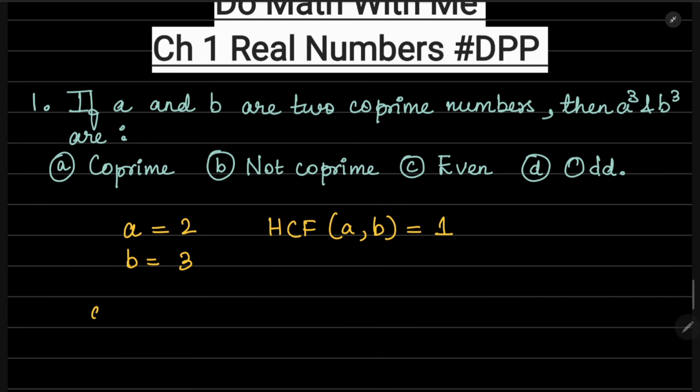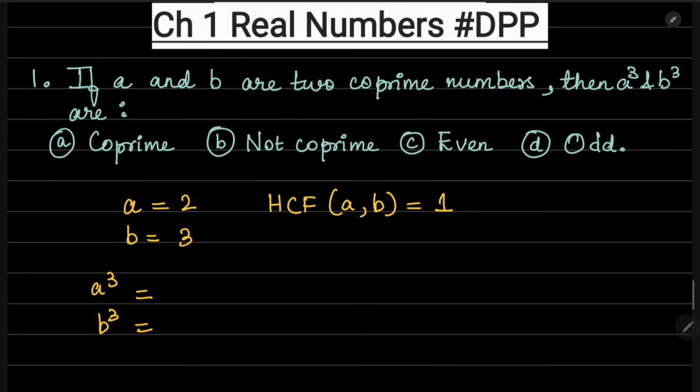Now if you take the cube, A cube and B cube, cube of the given numbers. So what is 2 cube? It is 8. 3 cube is 27. Again, let us look at the factors. For 8, what are the factors? You have 1, 2, 4, and then 8, right?